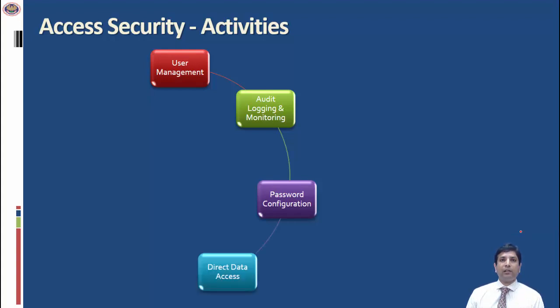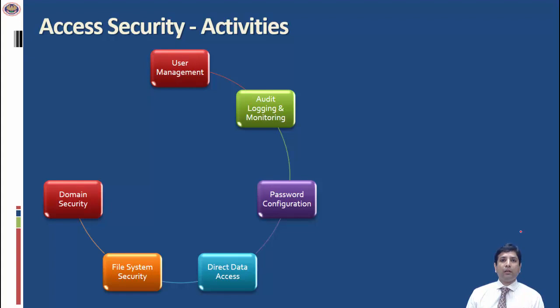Direct data access. This is again a very critical aspect where data can be directly accessed by the administrators or any other unauthorized users, and how we need to protect those kinds of access. File system security is another activity which is primarily to do with the operating system level controls. We will look at file system security in a little more detail and see an example of that.